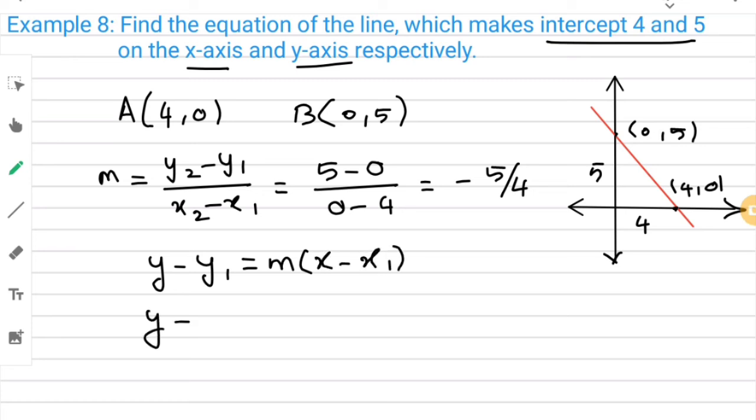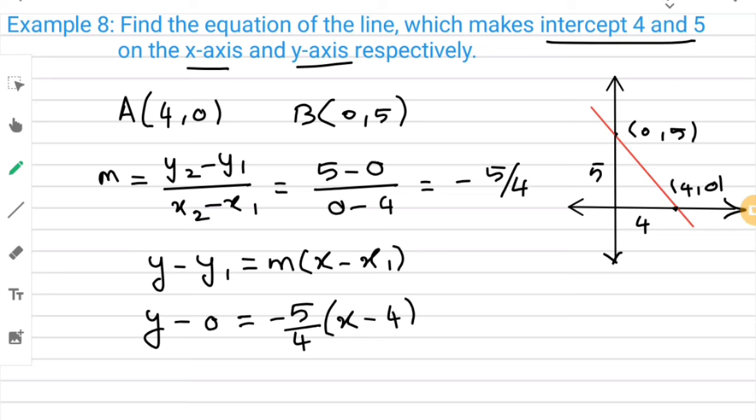You can take A as (x1, y1) or B as (x1, y1). Now I'm going to take this point A as (x1, y1). So y minus 0 is equal to minus 5 by 4 of (x minus 4).